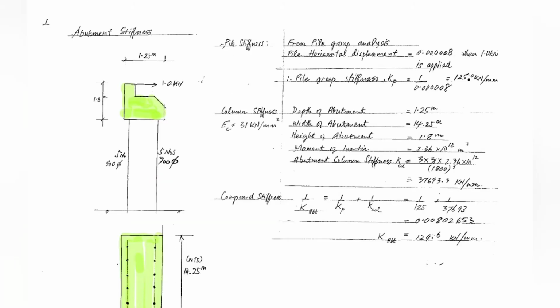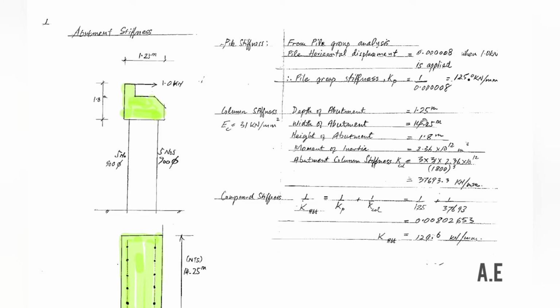The abutment stiffness needs to be calculated using the following steps. The first step is to calculate the stiffness of the pile group supporting the abutment. The next step is to calculate the concrete abutment stiffness.